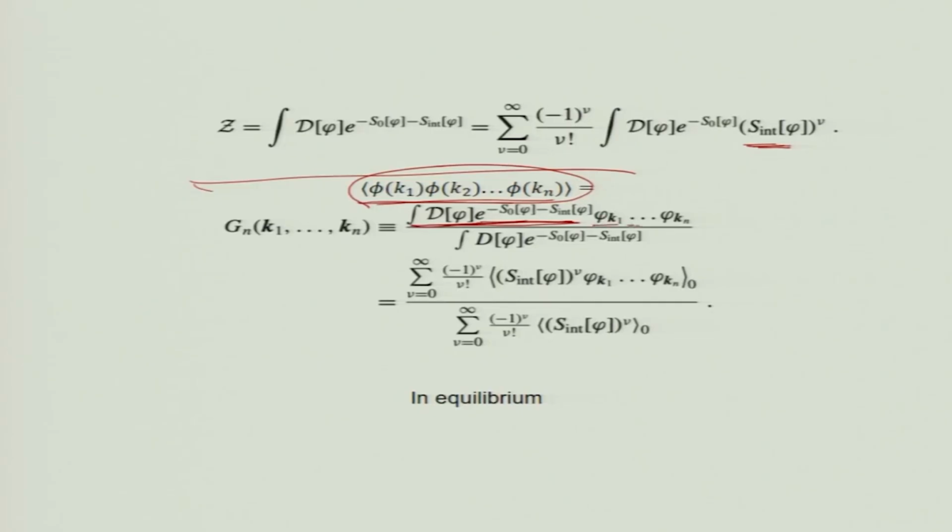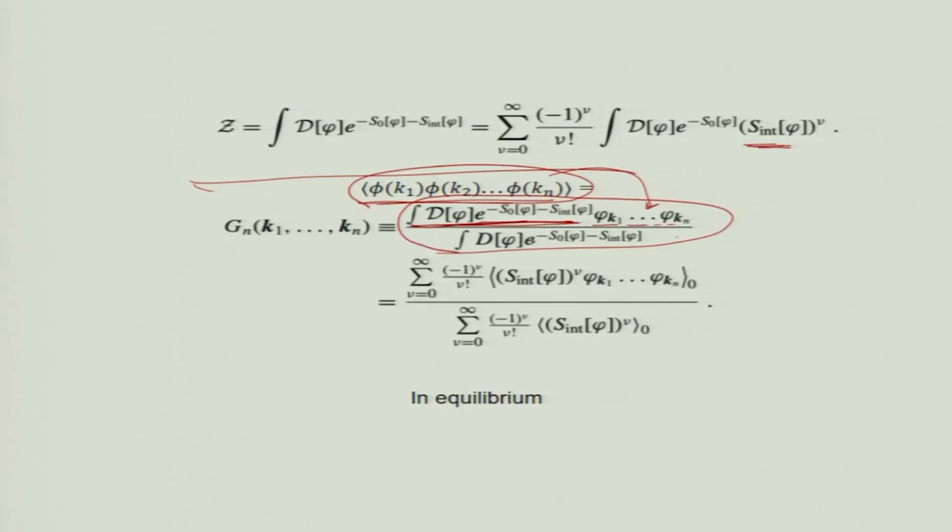So, I put phi k1, phi k2, I just put it here. This part is by definition. If I want to compute the expectation value of any function or operator, then I just do it like that. I hope this part is clear, no?